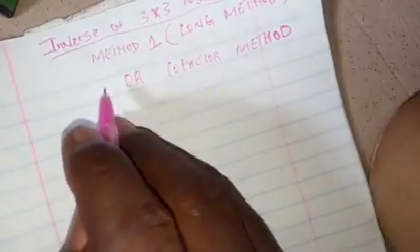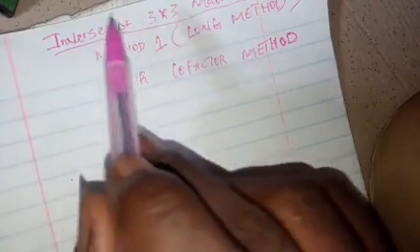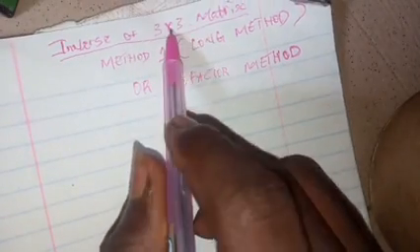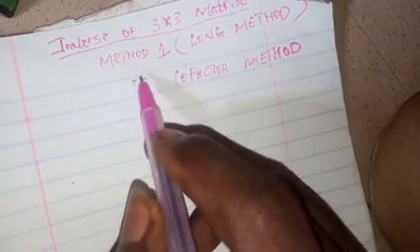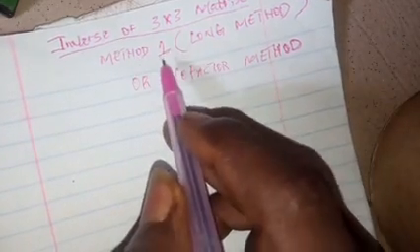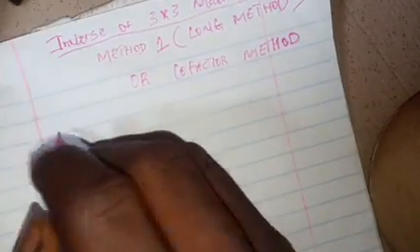First of all, remember in the last video, I said before you can find the inverse of a matrix, it has to be a square matrix, and the determinant of the matrix must not be equal to 0. So we are taking care of a 3 by 3 matrix.